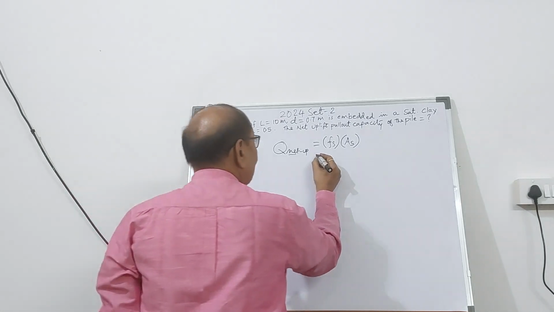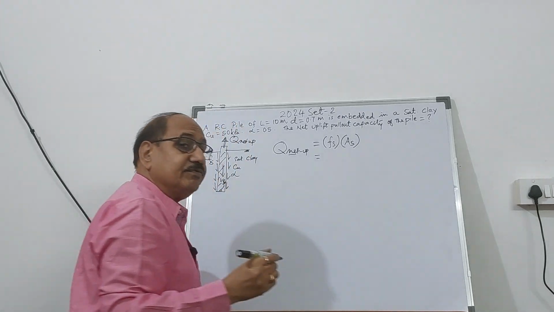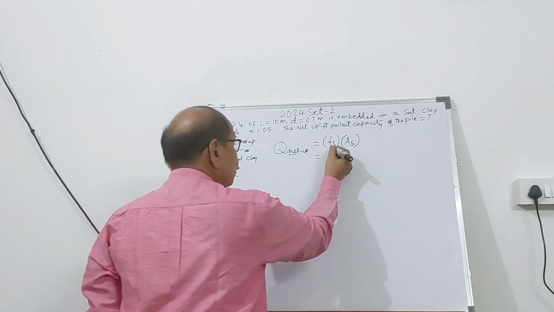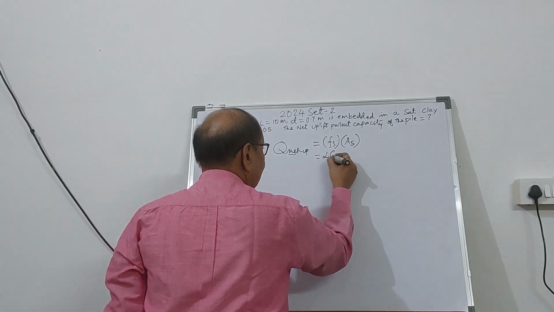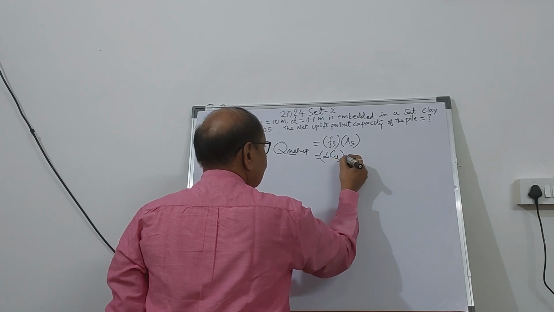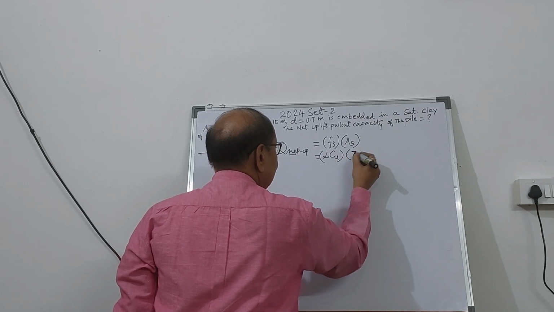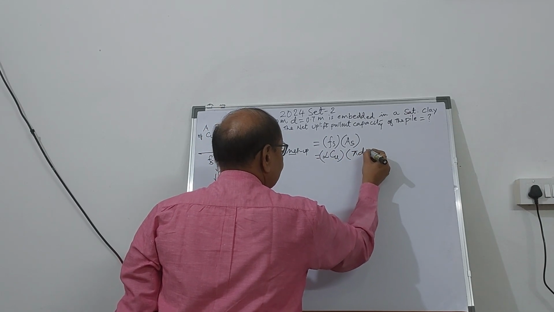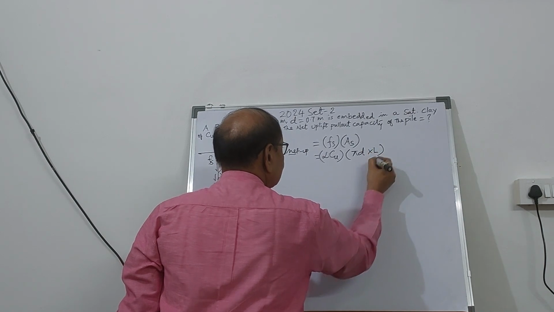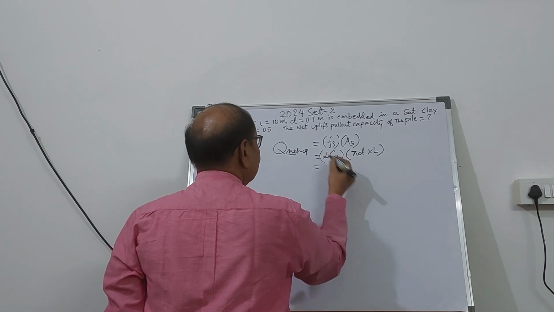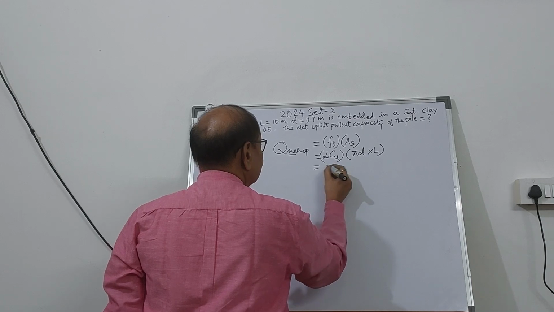Now, as already explained in the previous video, the unit skin friction is given by alpha times Cu, multiplied by the shaft area, which is perimeter into length. So you can calculate, the values are already given in this problem.